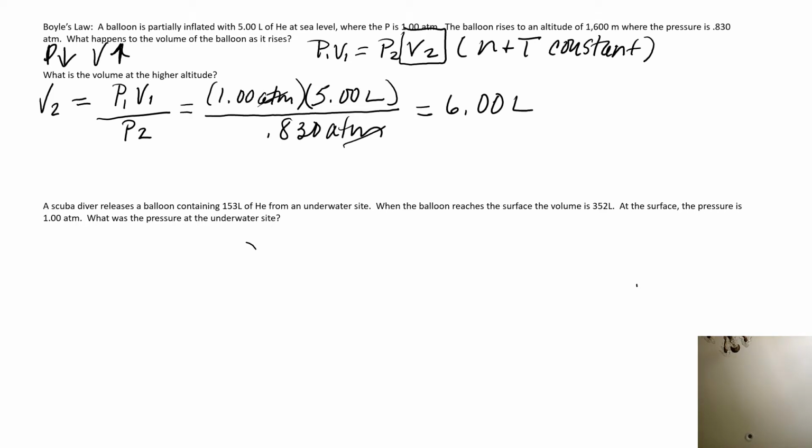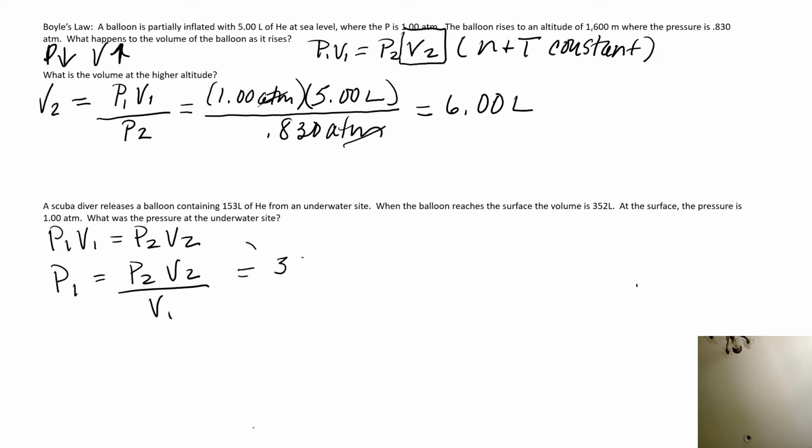So in this example of using Boyle's law, we are looking for P1. So P1 equals P2V2 divided by V1. So we're just plugging our data in here. V2 is 352 liters. I'm sorry, I mixed these up: P2 is 1 atmosphere.